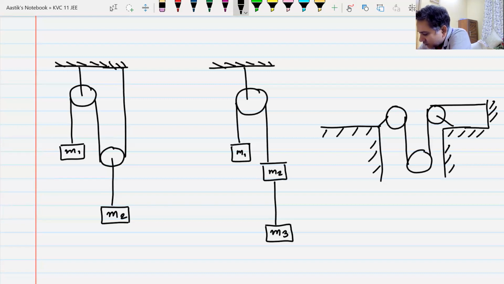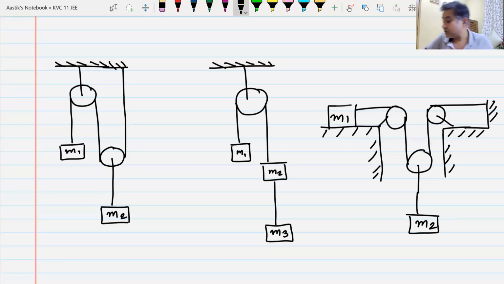So these are basically questions. But if you understand them, the only difficult part of solving these questions is to draw the free body diagram. So if you get the free body diagrams correctly, you should be able to solve these questions whenever they come. So I'll give you 2 minutes to look at all these diagrams and draw your free body diagrams.